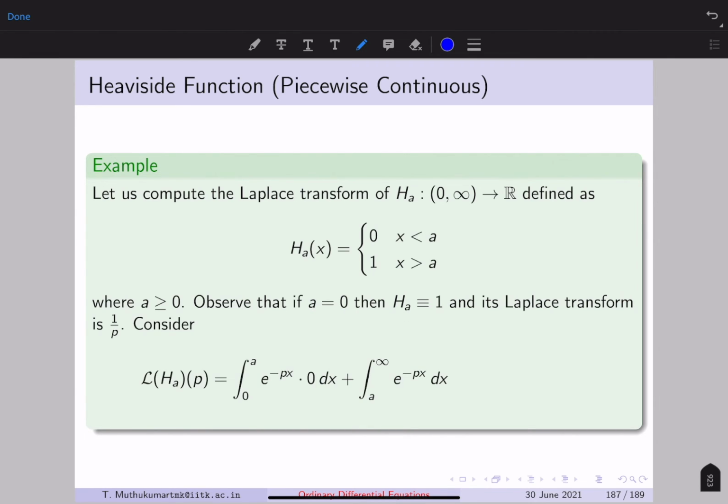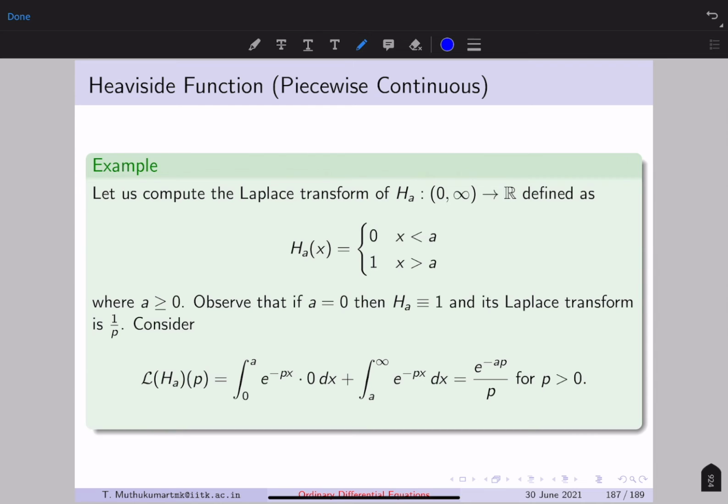When a is strictly bigger than 0, let's compute the Laplace transform of h_a, which is the integral from 0 to a of e^(-px) times the value of h_a when x is less than a, which is 0. So you have 0, and then otherwise it's 1. Okay, so this integral is 0. What remains is the integral from a to infinity.